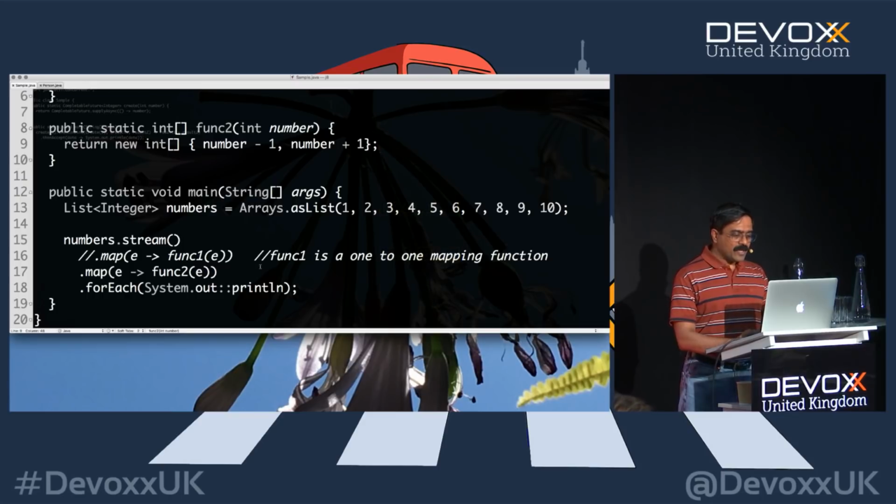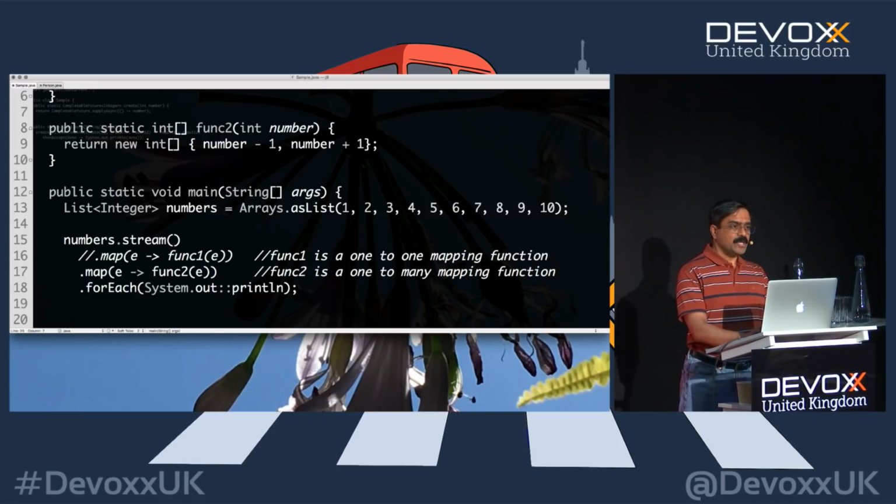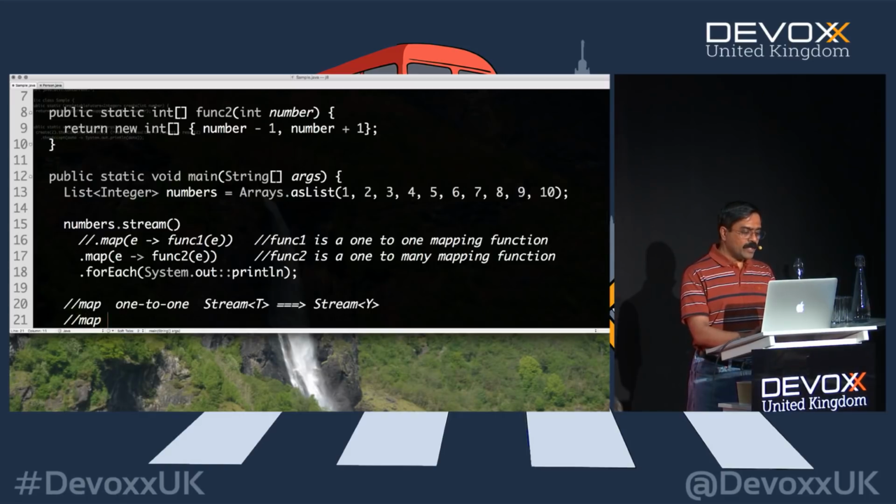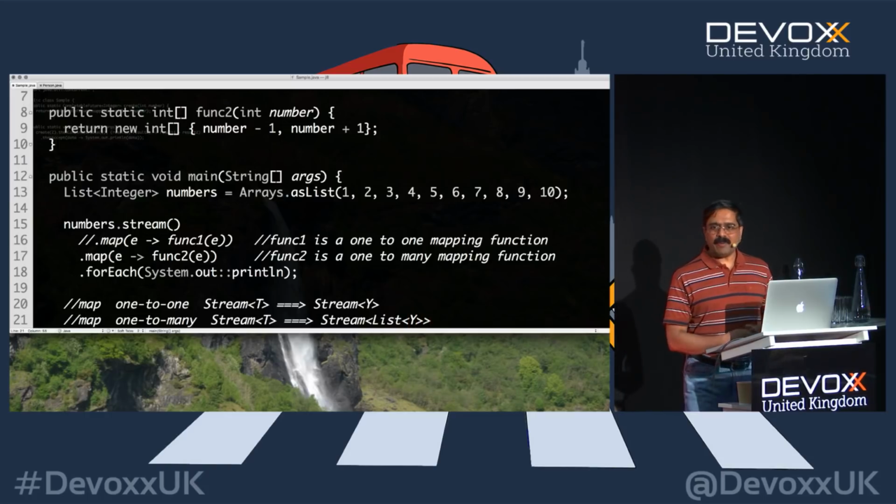Well, the problem here is func2 is a one-to-many mapping function. So in other words, if you are doing a map operation with the 1-to-1, you go from a stream of T to a stream of Y. But if you do a map with the one-to-many operation, you go from a stream of T to a stream of, I don't know, just call it a list for now, of Y, which is probably not what you really wanted.